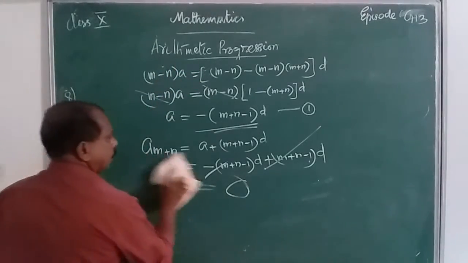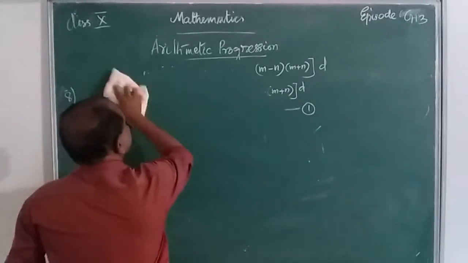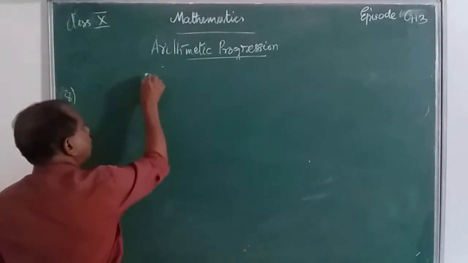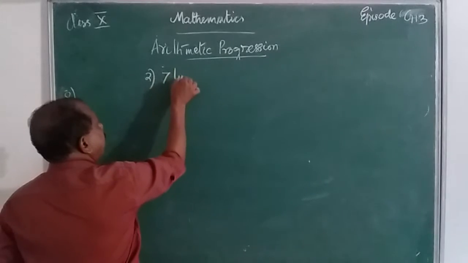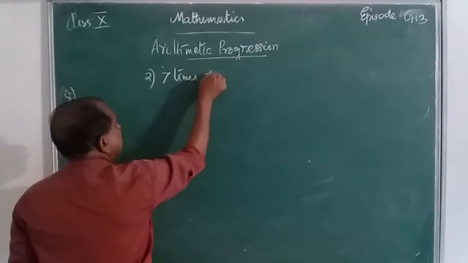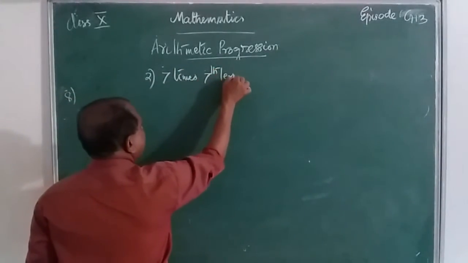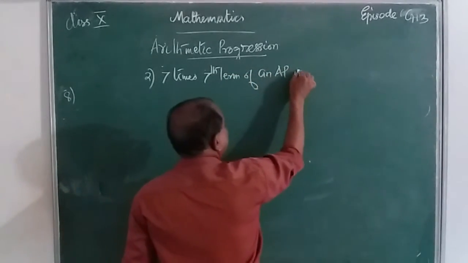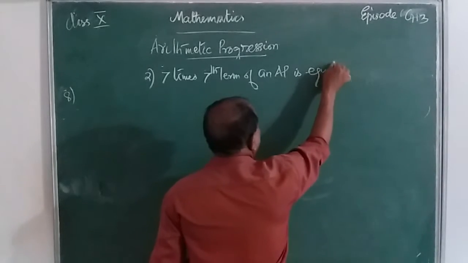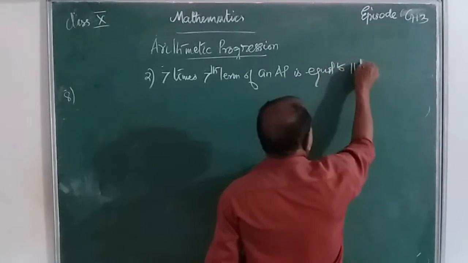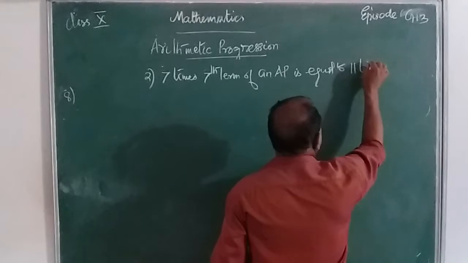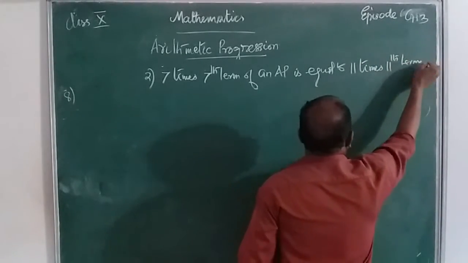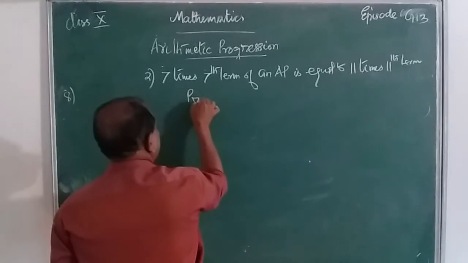That is the second question, question number 2. 7 times the 7th term of an AP is equal to 11 times the 11th term. Prove that the 18th term is 0.